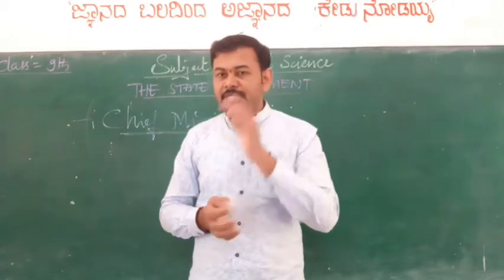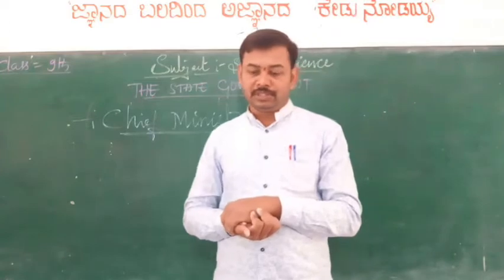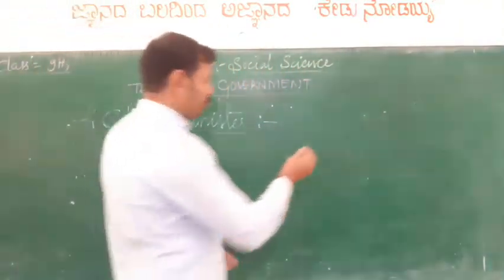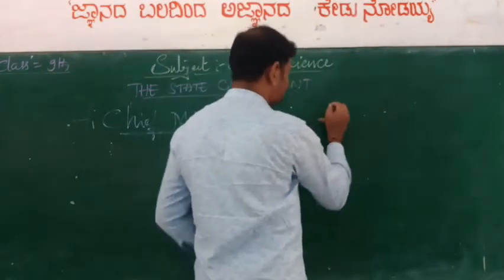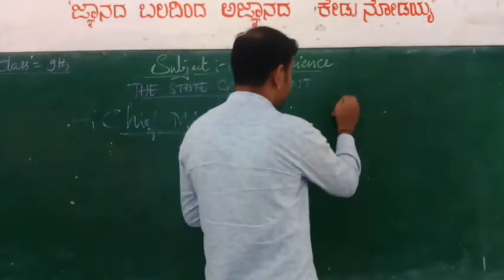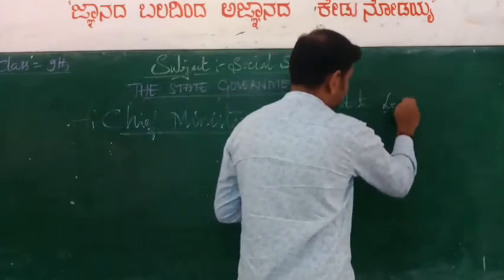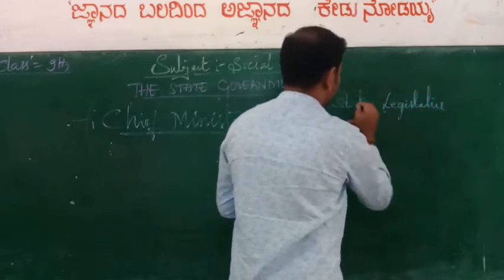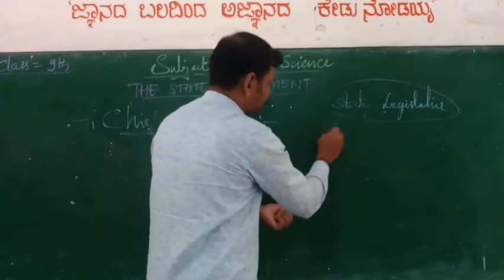Then the Chief Minister should be a member of any one of the two houses. When we were discussing the state legislature, it has two houses.